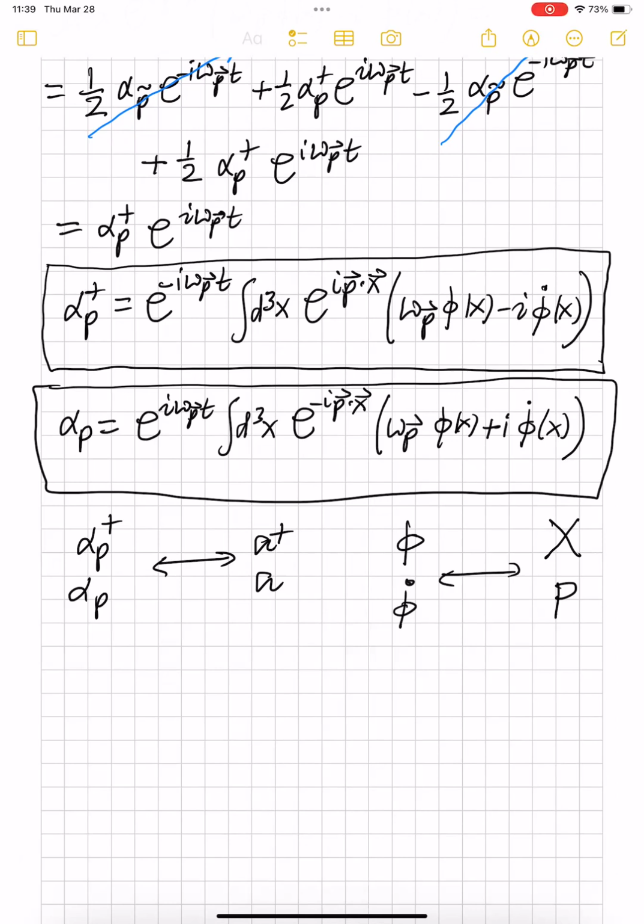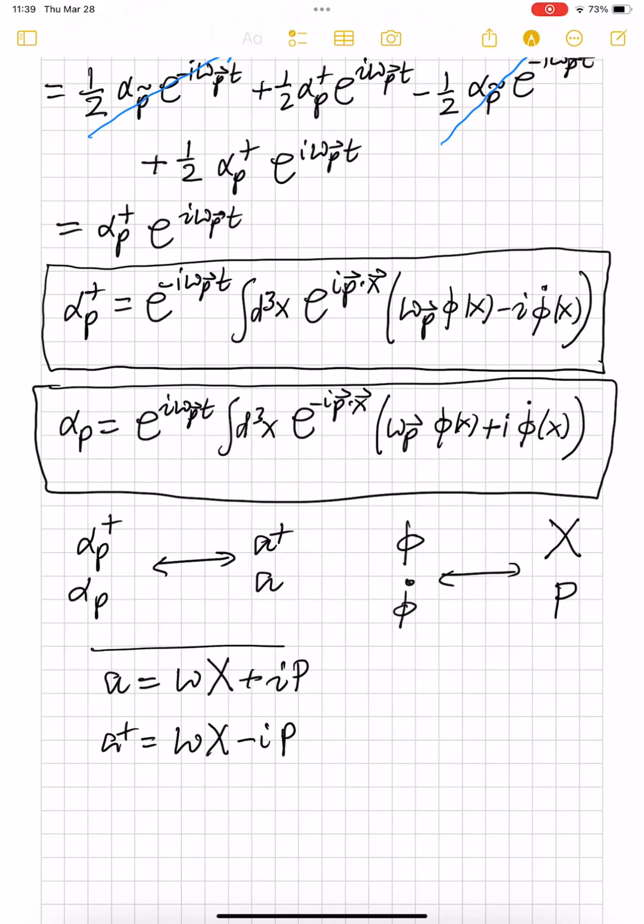And when we solved the harmonic oscillator, when we solved problems, one very important formula was the formula for A in terms of X and P, and the formula for A dagger in terms of X and P. And if you remember, A looked like omega times X plus iP, and A dagger was omega times X minus iP.